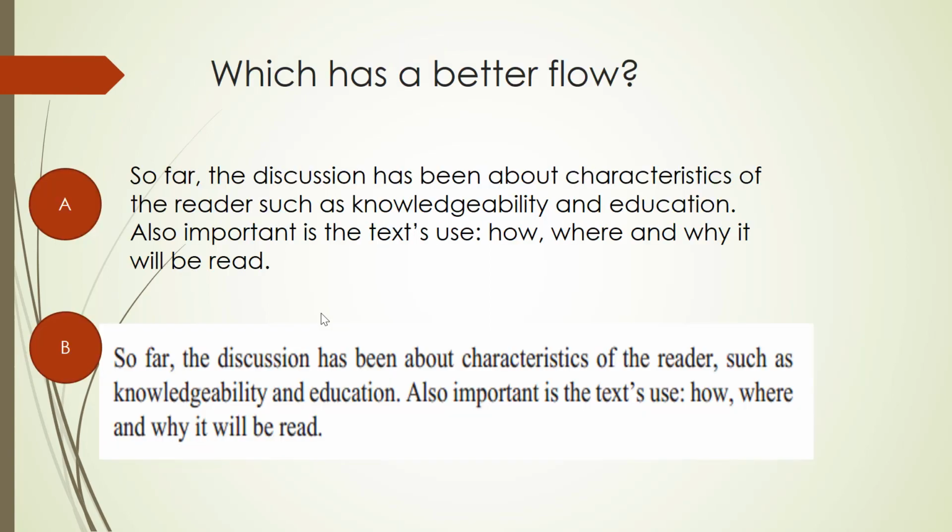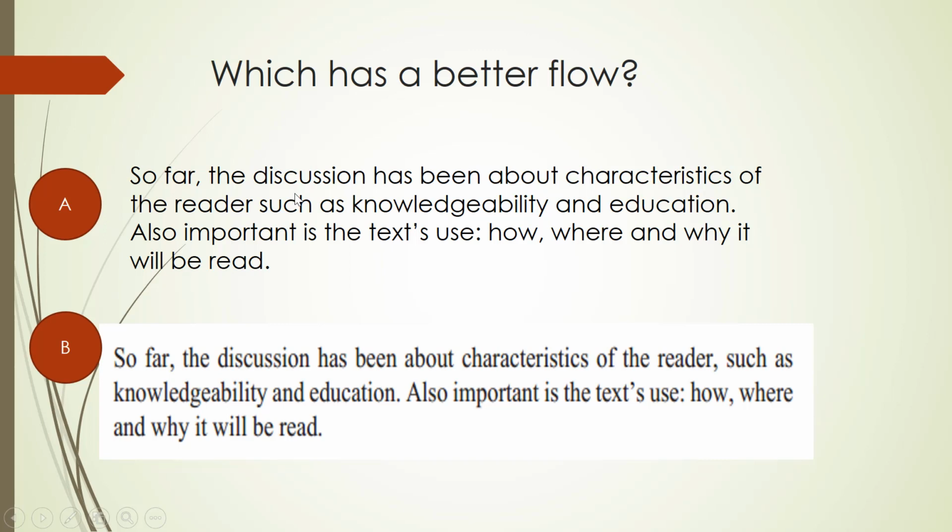So we have a very good example here. Read the two and decide on which has a better flow, para A or para B. The only difference between the two is the use of comma before the phrase "such as."